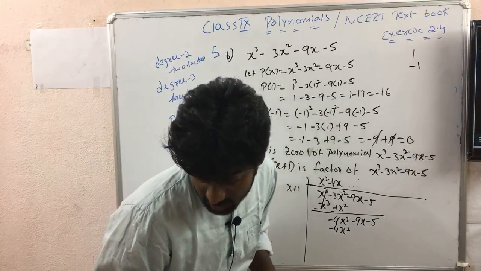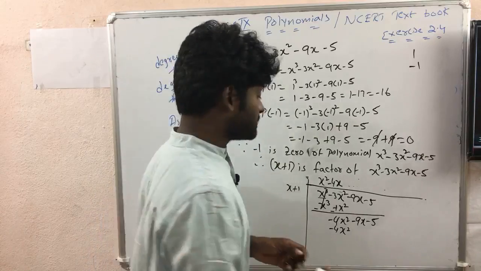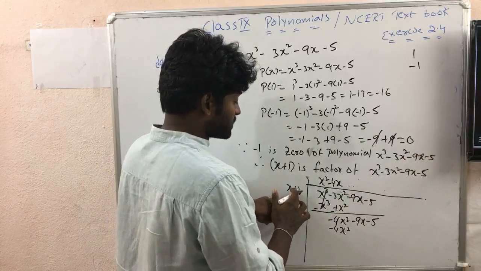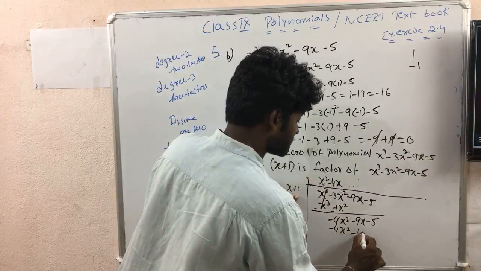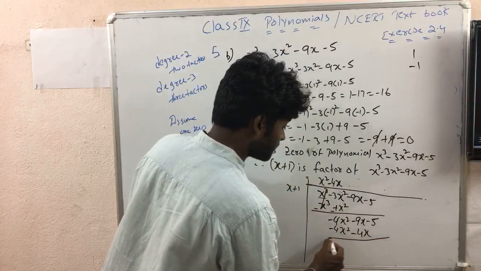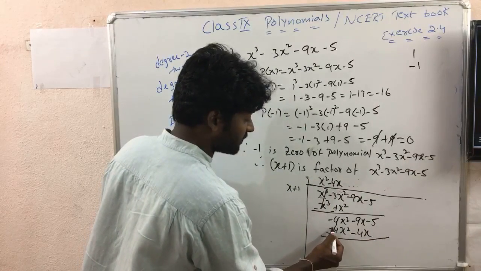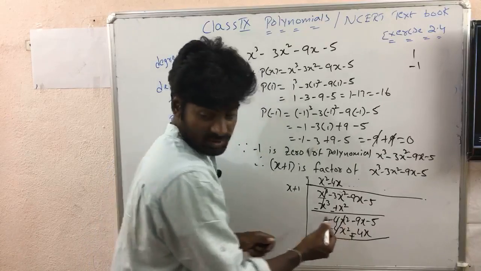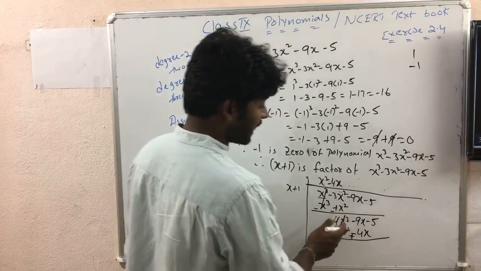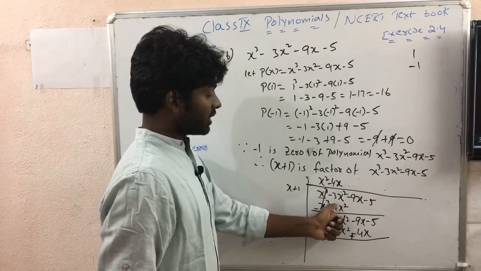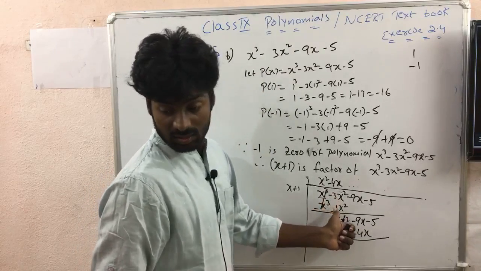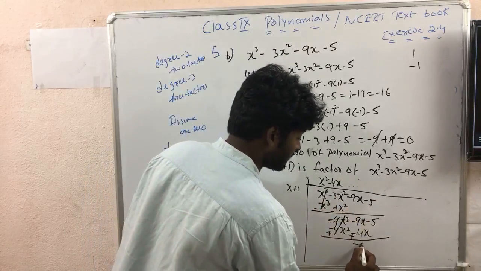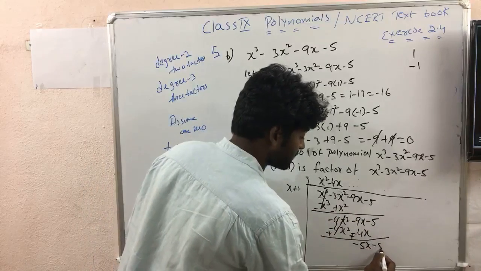Riddhi, check once, it is not correct. So plus 1 into minus 4x is minus 4x. Again minus becomes plus on subtracting, minus of minus is plus, both these terms get cancelled. I think you have done wrong here, Riddhi. You have taken minus 3 plus 1 as minus 2. Check once. Okay, now minus 9 plus 4, you will get minus 5x minus 5.